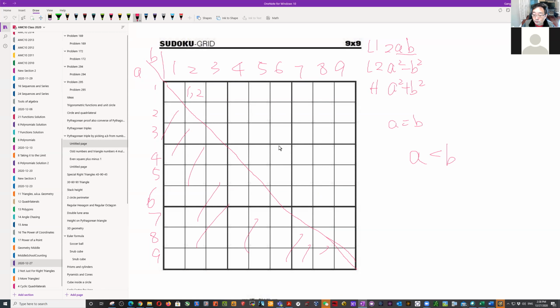For 1 and 2, 2ab is just 4, and the other leg is b square minus a square, and the hypotenuse is b square plus a square.